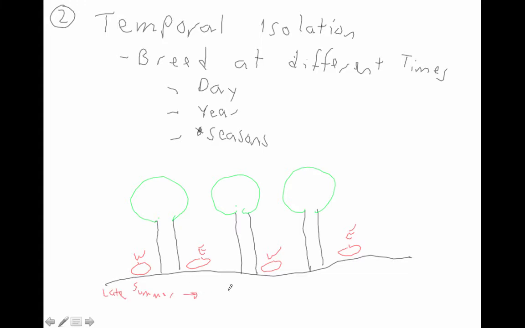The western skunk mates in the late summer, whereas the eastern skunk mates in the late winter. Because they are mating at different times of the year, even though they're interacting with each other, they are never going to mate with each other.